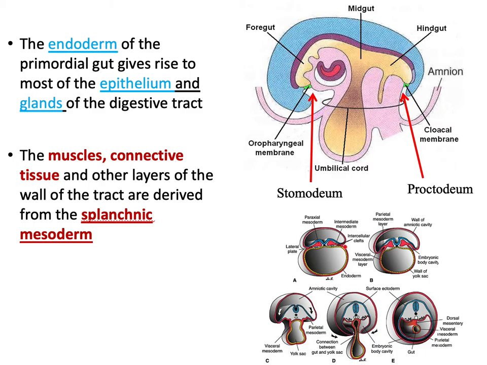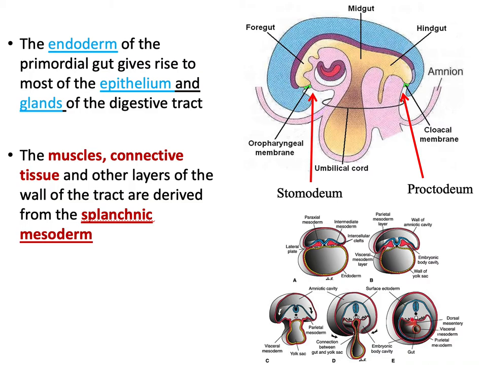And the visceral mesoderm, you see here, covers the endoderm and starts to shrink with further development. Then this yolk sac shrinked, and ultimately the visceral mesoderm now covers the gut tube. That means we have a gut tube.